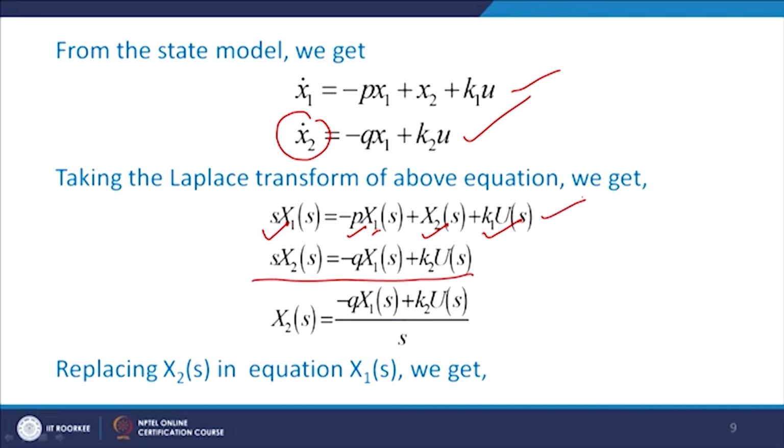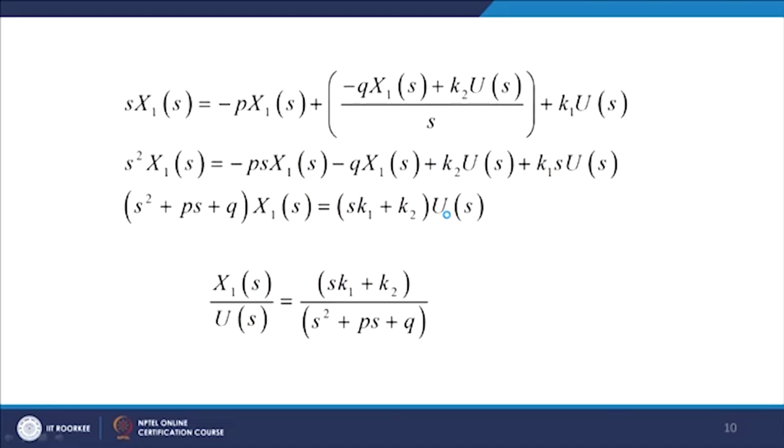The best option is to replace the value of X2(s) in this equation. Therefore, this equation is represented as X2(s) equals minus q X1(s) plus k2 U(s), divided by s.